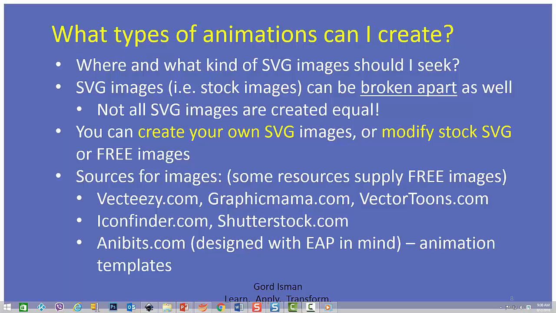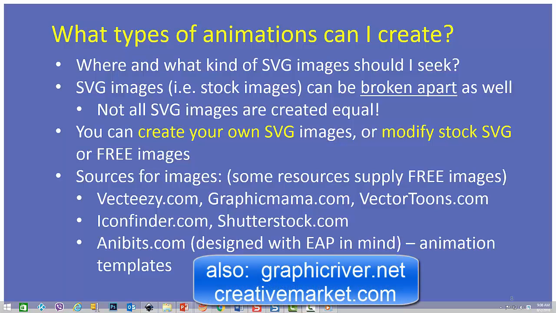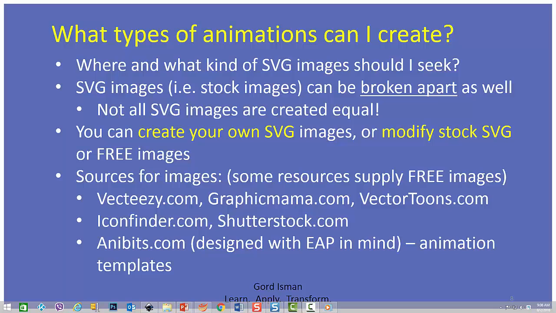So now we're going to take a glance through some of these different resources for images, and I'm going to show you a few samples that I created, some animations with some images that were based from services like VectEasy, graphicmama.com, VectorTunes, Icon Finder, and I've listed Shutterstock there because it's also a massive source for SVG or vector-based images, but that's predominantly a pay site.